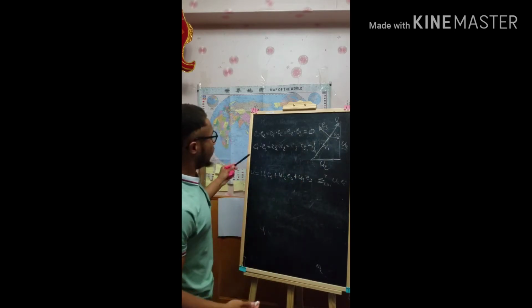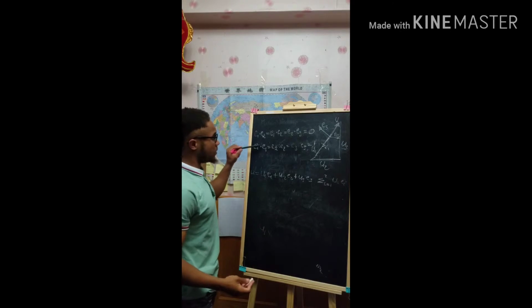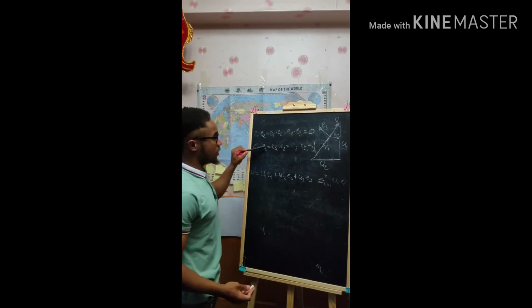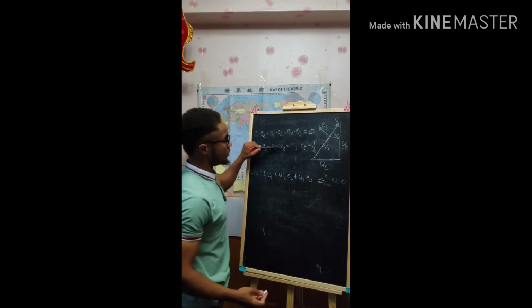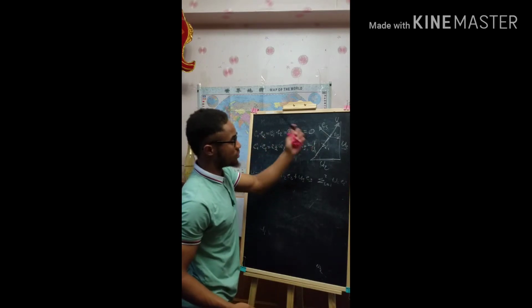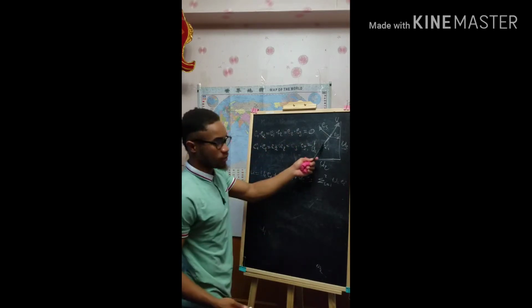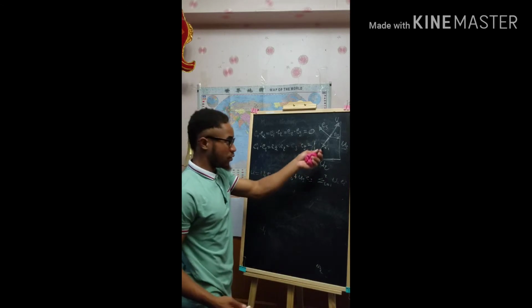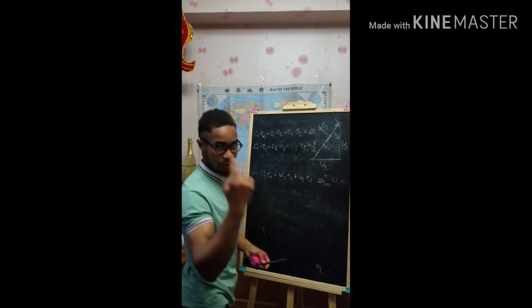Okay? And E1 times E1 equals E2 times E2 equals E3 times E3 equals 1, because we are at the same position. So the same vector with the same vector equals 1.